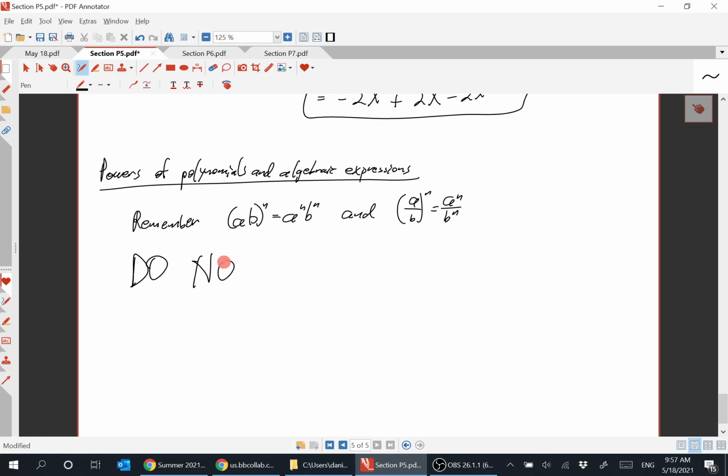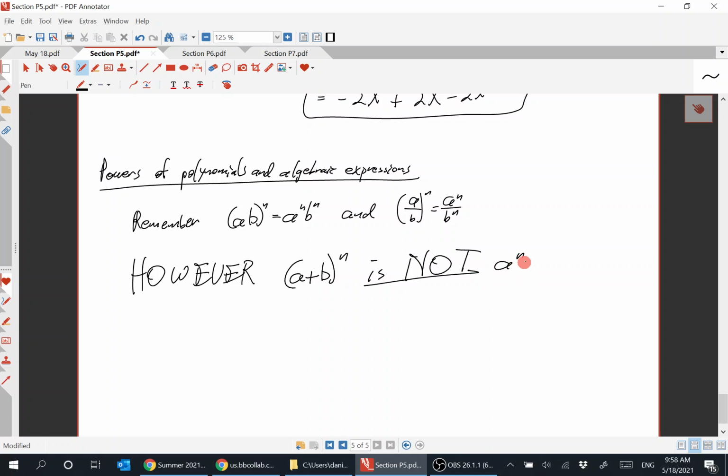However, it is not the case that a plus b to the n is a to the n plus b to the n, okay?